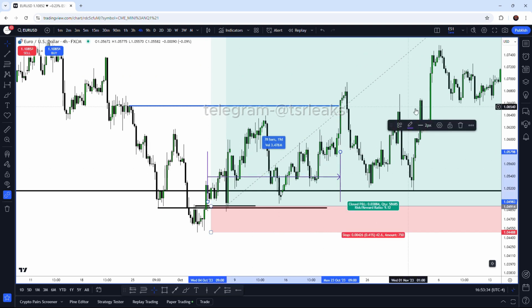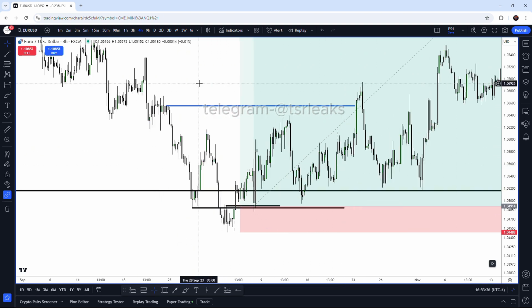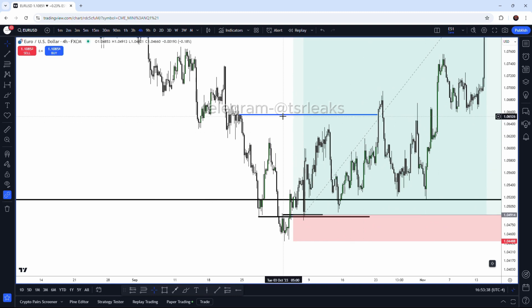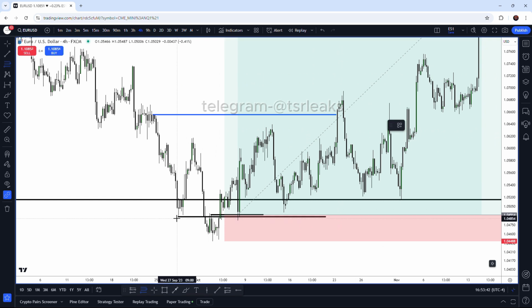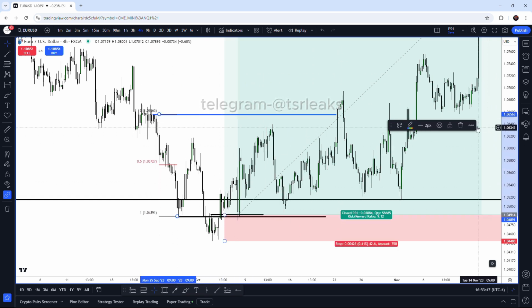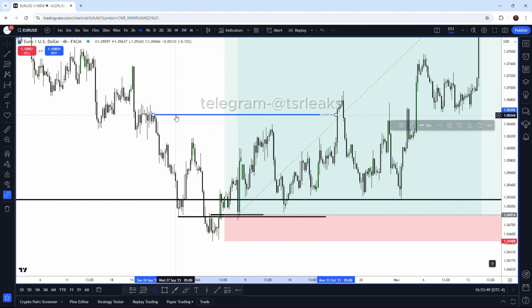So 19 days to hit your total final take profit if you are only trading the weekly range. Of course, take your partials at the EQ of this weekly range and final take profits at the high of the weekly range.